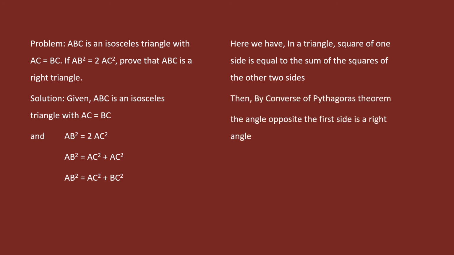Therefore, by converse of Pythagoras theorem, the angle opposite to the first side is a right angle. The first side is AB, and the angle opposite to AB is C. So angle C is equal to 90 degrees. Angle C is 90 means it's a right triangle. ABC is a right triangle.